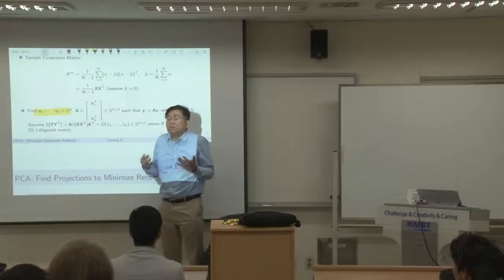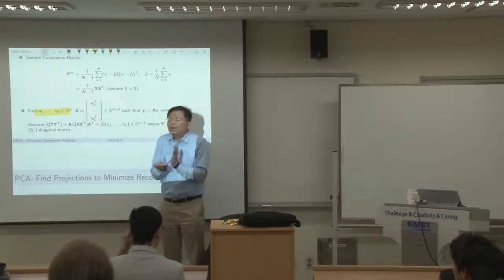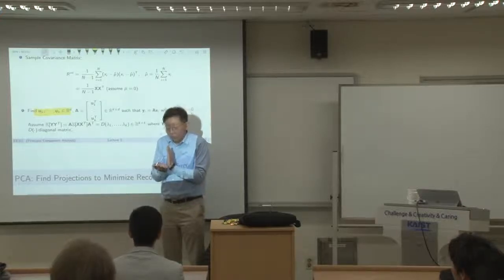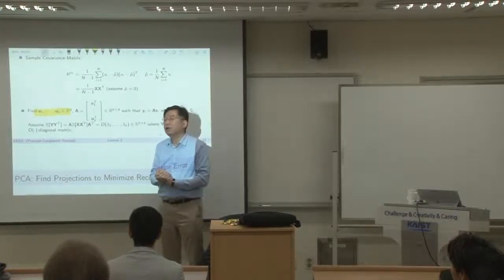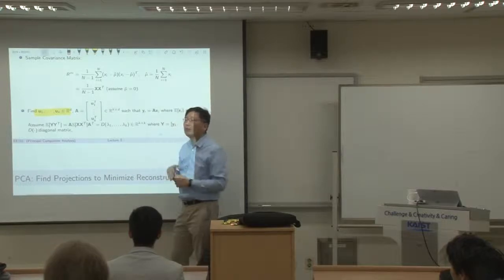So we know that PCA is finding a new coordinate system such that you get maximum variability in each of the coordinate system, or each component axis. So what is PCA about?